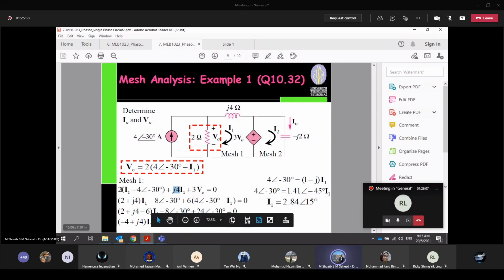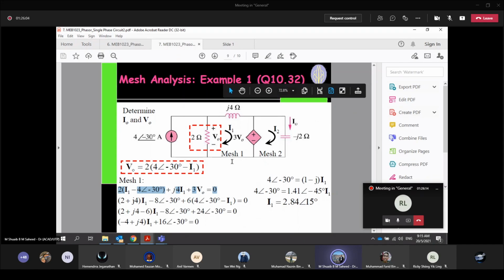Now you have the expression. Try to simplify it, try to rearrange. You will get this: negative 4 plus j4 I1 plus 16 negative 30 degrees. You see here one is in rectangular, another one is in polar.